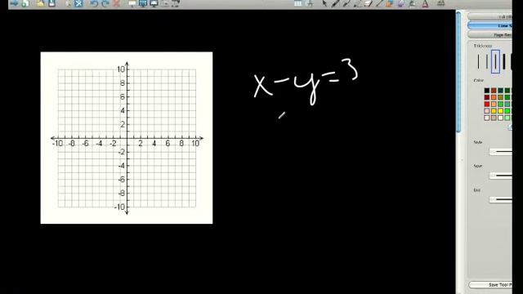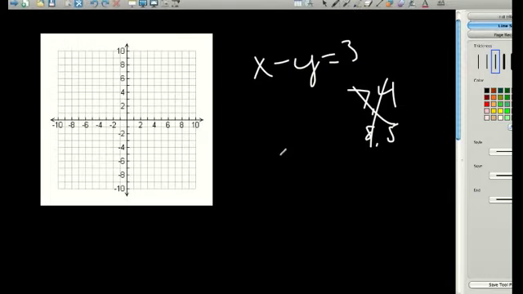Two numbers, two sets of points. For example, when x equals, let's say, 7, y is going to have to equal 4. So 7 and 4 are solutions of this equation. 8 minus 5, you can think of infinite ones, really. In fact, there are infinite answers to the solution.